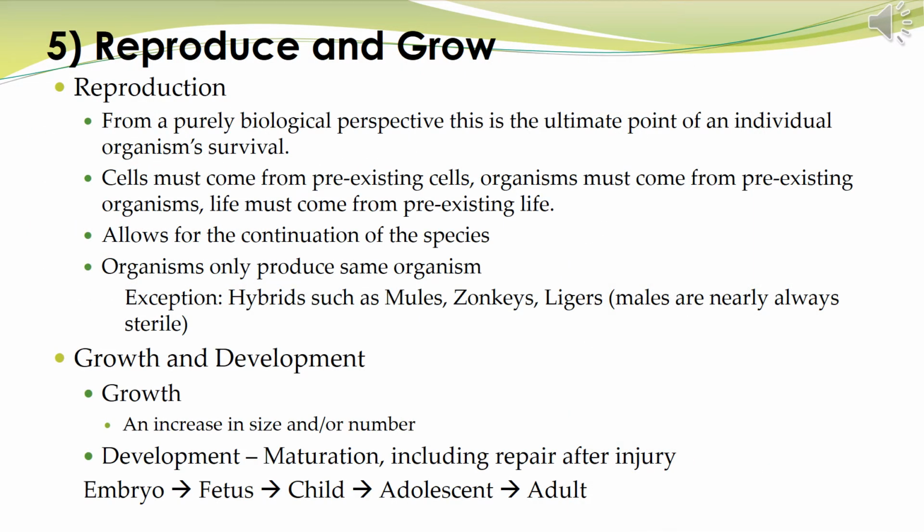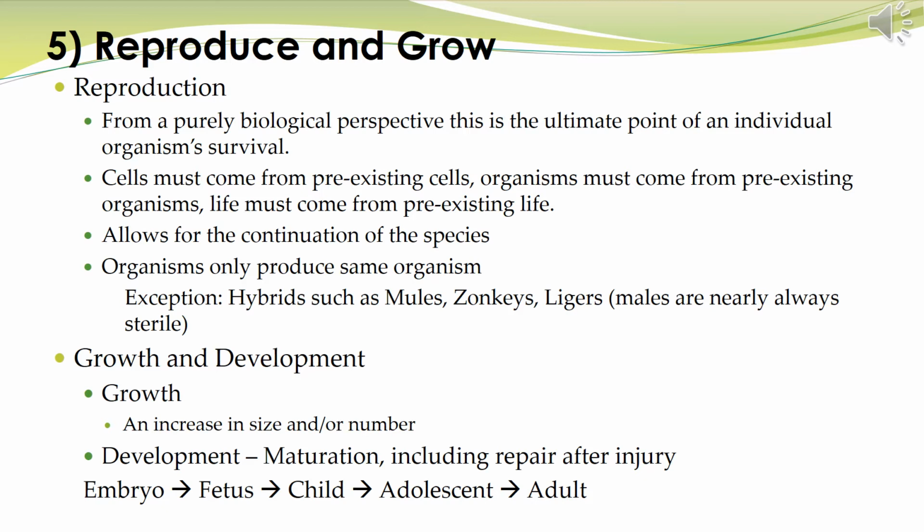The fifth and final characteristic of life that we're going to cover is that living organisms reproduce and grow. Reproduction, from a purely biological perspective, is the ultimate goal of an individual organism's survival. Everything that they've done up until this point has been so that they can survive and reproduce to continue on with the species to help maintain that species.